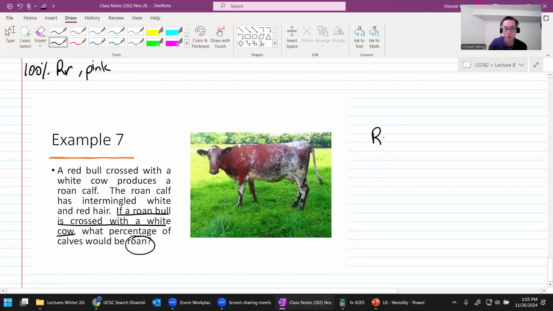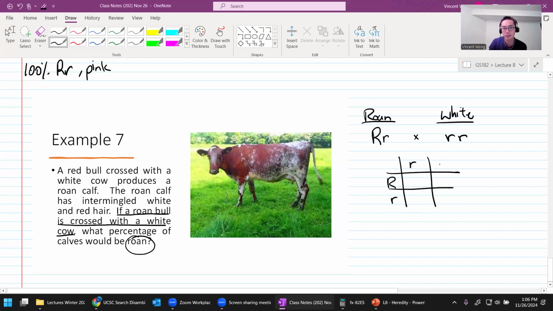So roan bull is big R, small r. That's the heterozygous condition. Cross with a white cow, which is little r, little r. And again, you can go ahead and do the Punnett square. Same way as before.